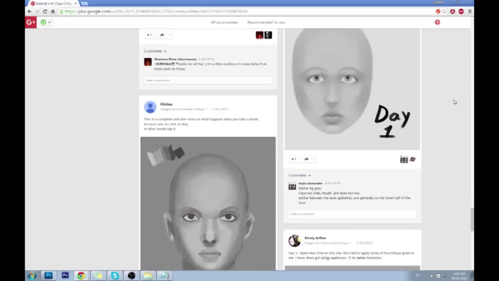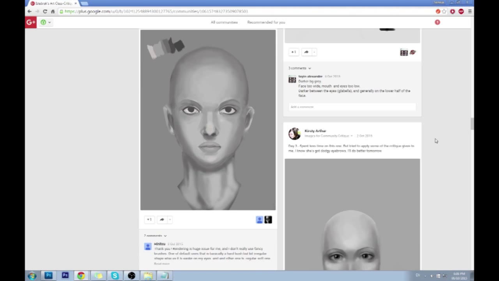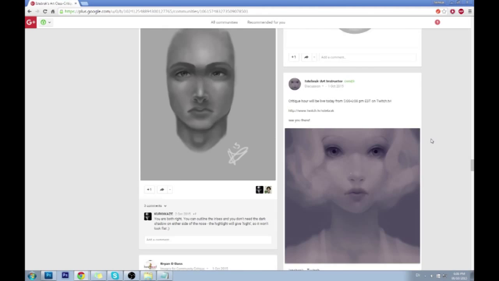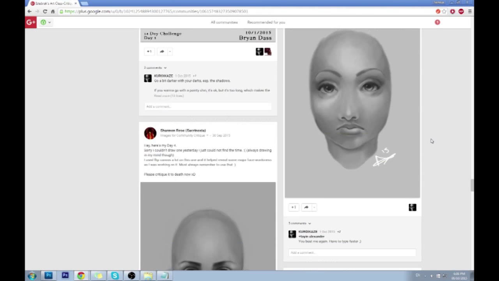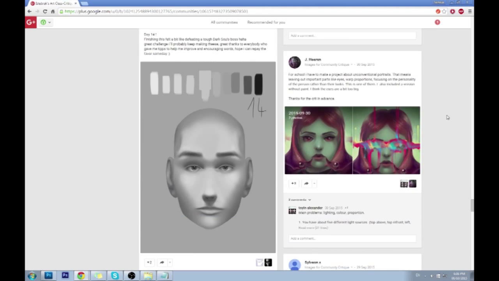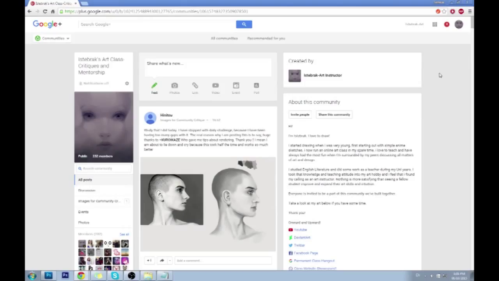Love seeing the day ones because I know they're just going to get so much that's going to change completely and they're just going to keep developing. Lots of portraiture, and it's really good to see people taking on portraiture because it's so difficult and such a pain in the butt for an artist. Every artist has to figure out how to draw a face, and it's just something we all have to do, and everyone taking it and really experimenting and exploring that difficult topic in art, I'm very proud of you guys.